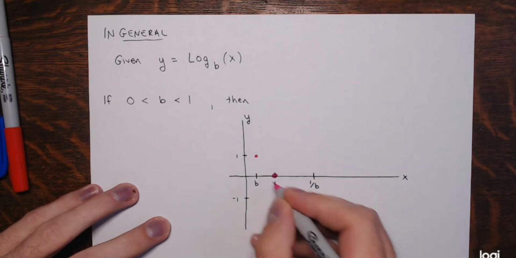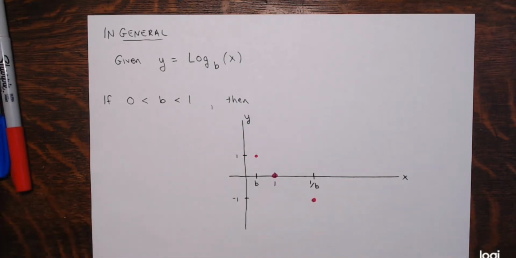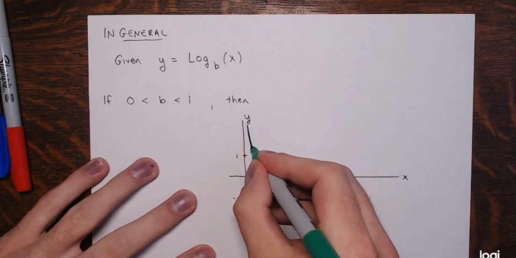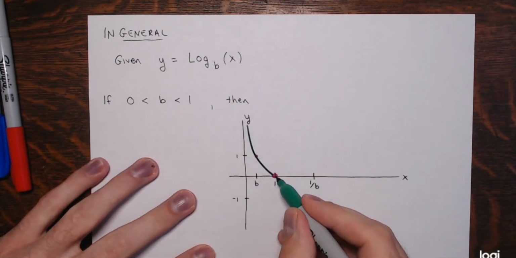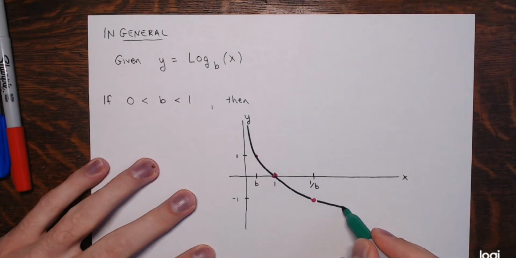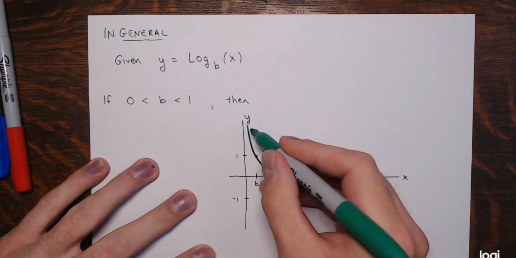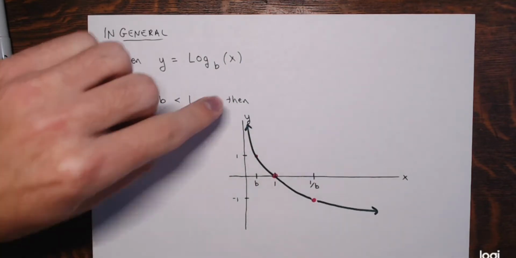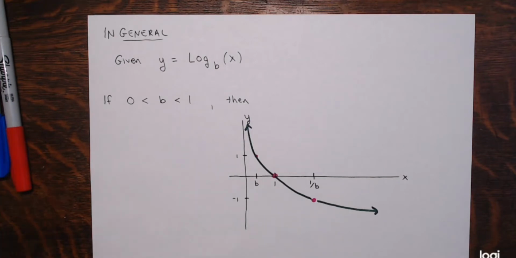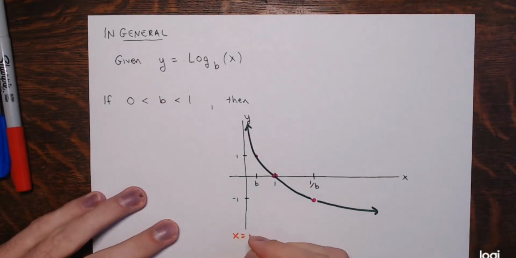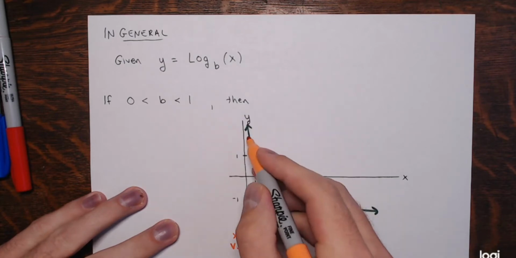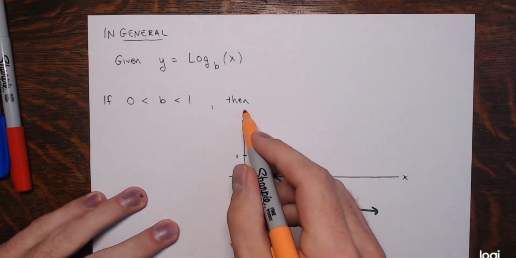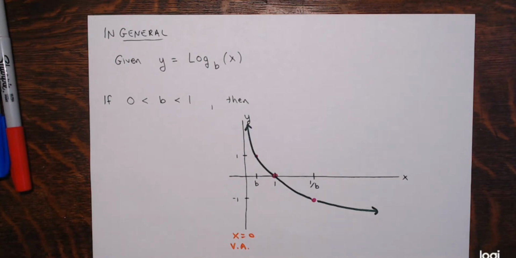And you can see it's one of those, again, decreasing functions, decreasing very slowly. But the y-axis is a vertical asymptote. x equals 0, the y-axis, vertical asymptote. The graph will shoot up forever, get closer and closer to the y-axis, but never actually touch it.